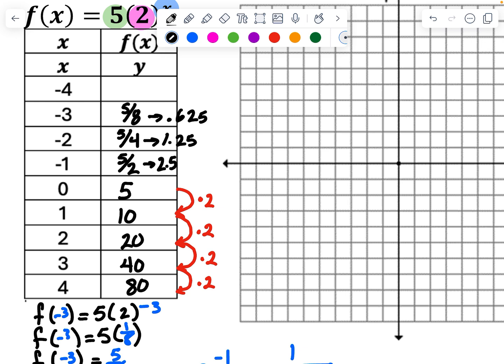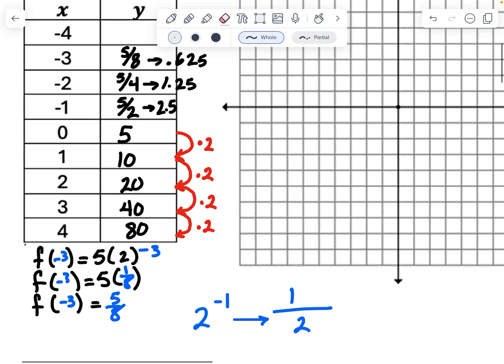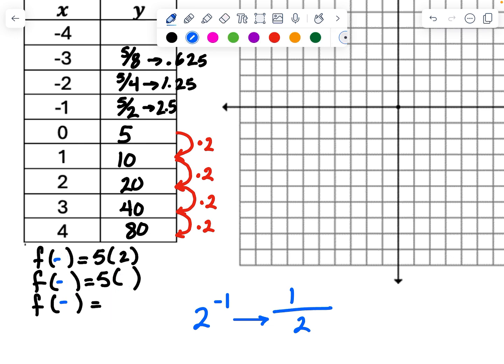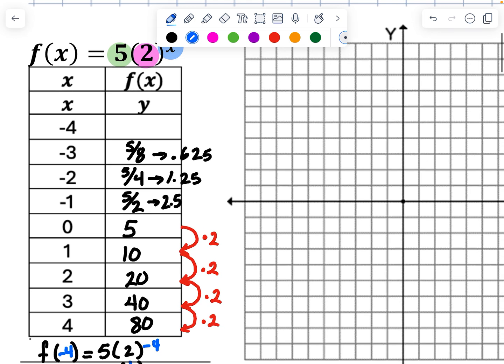And then we could do it one more time using the number -4. So if we change the value of x to -4, that's going to make this 1/16, which is going to make this 5/16, which would be 0.3125.